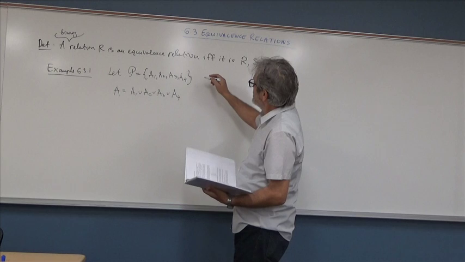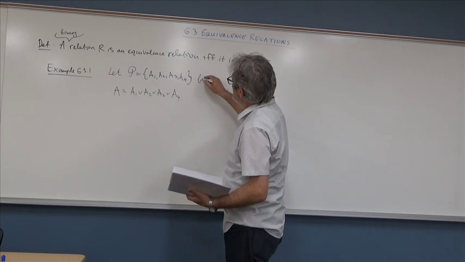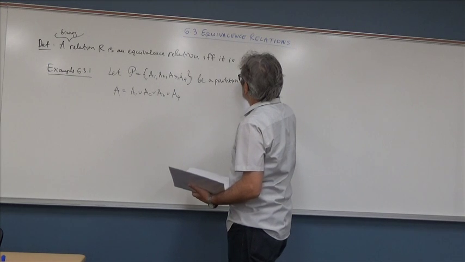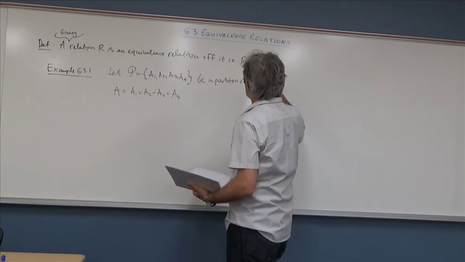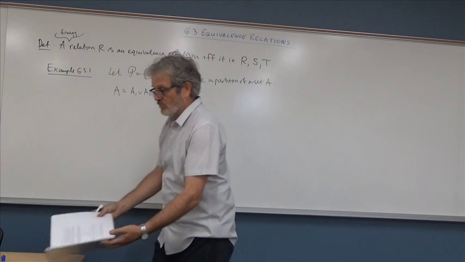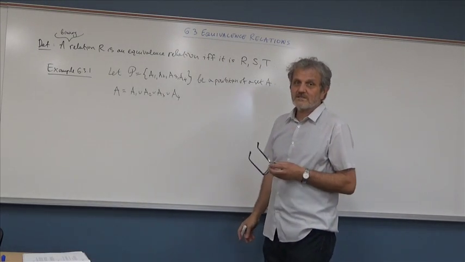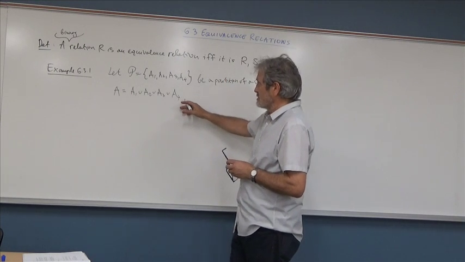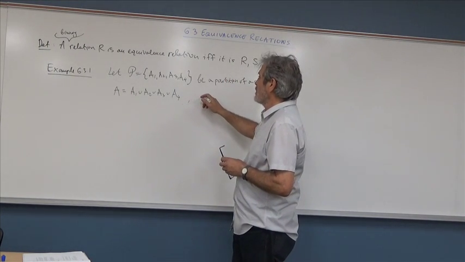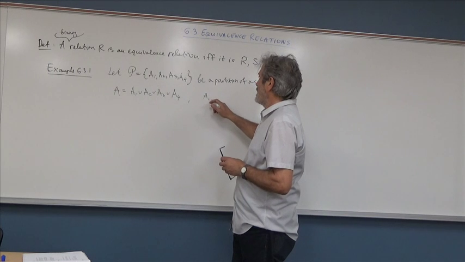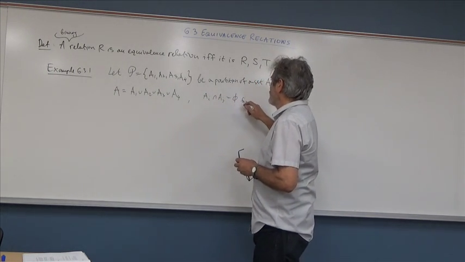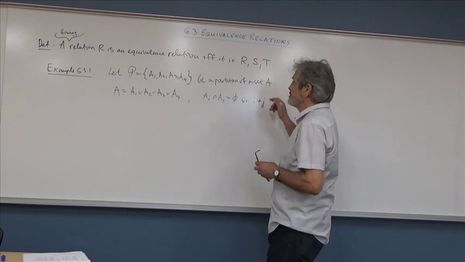But let P be, I didn't finish the sentence, a partition of the set A. So that means what? You remember what it means to be a partition? That means that A is equal to the union of these four, and also that Ai intersection Aj is empty for i different from j.